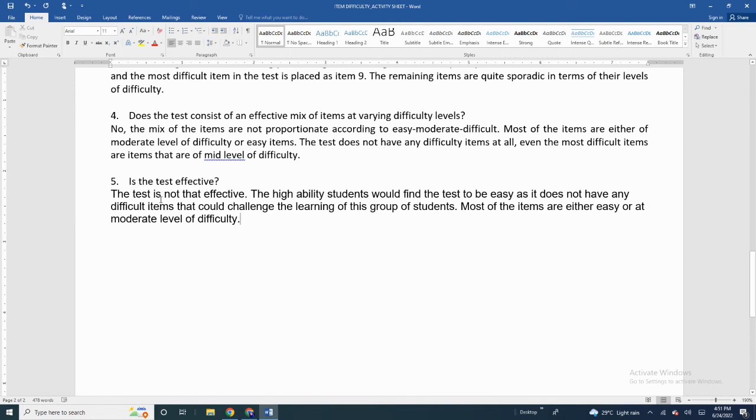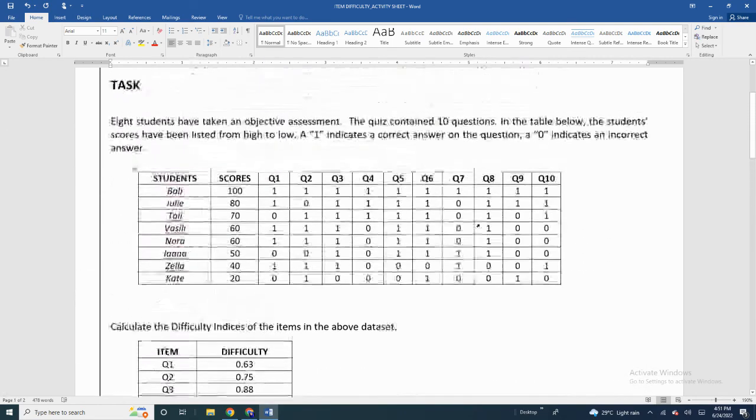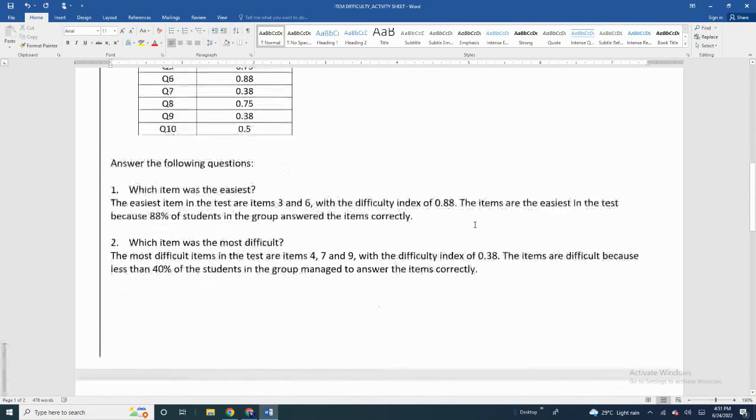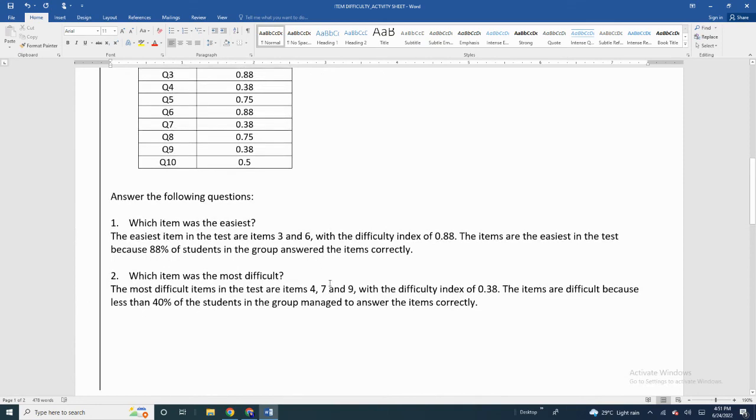The test is not that effective. The high ability students would find the test easy as it does not have any difficult items that could challenge their learning. Most of the items are either easy or at moderate level of difficulty. So that's your item difficulty indices as well as the interpretation for all these 5 questions.